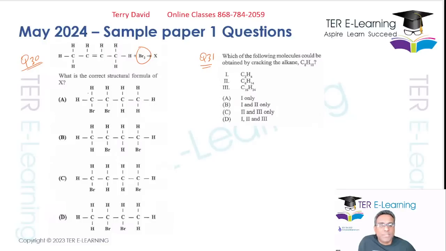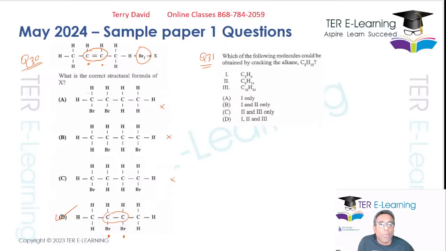I've seen a lot of people saying D is the answer. So you're reacting an alkene, and this is an alkene because it has a double bond. But what you have to keep in mind is that the Br has to attach itself here and here. So that's why this can't be the answer, this can't be the answer, this can't be the answer. The answer has to be D. The bromine has to attach itself to the same carbons where the double bond is going to disappear. So the bromine is attaching here and here. So the answer has to be D.